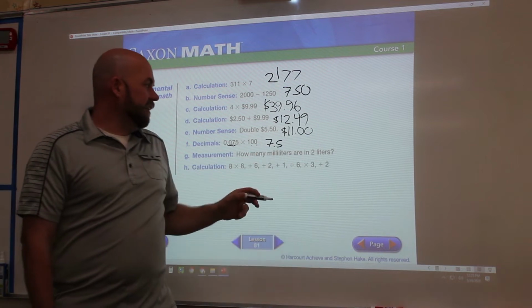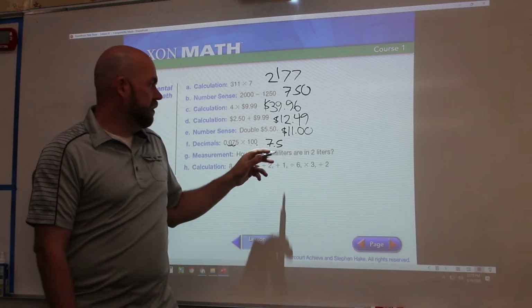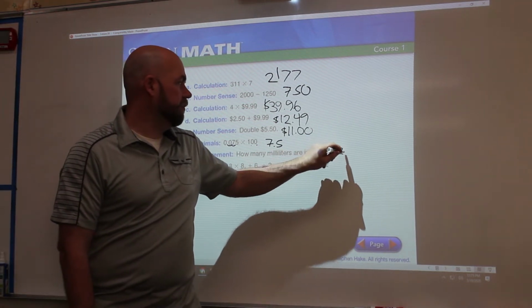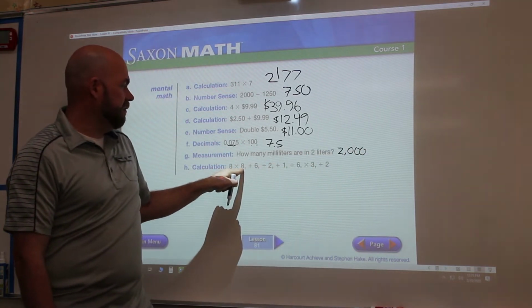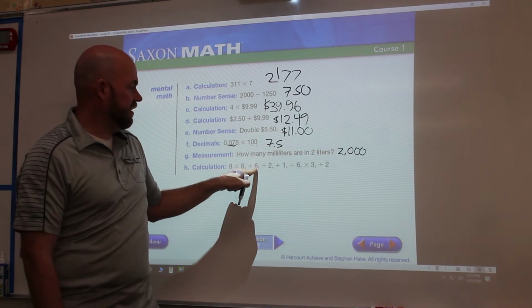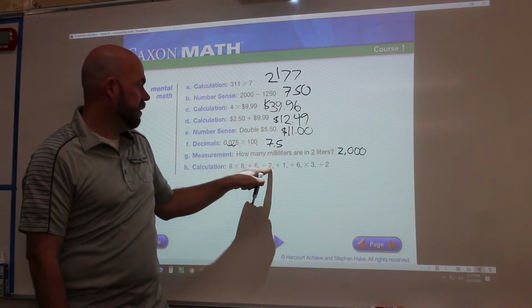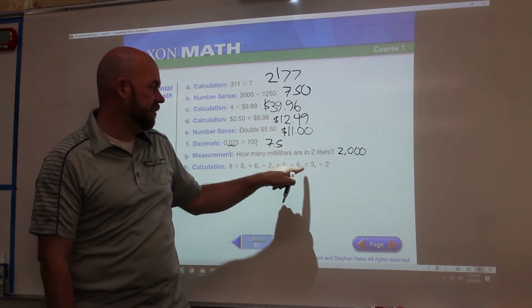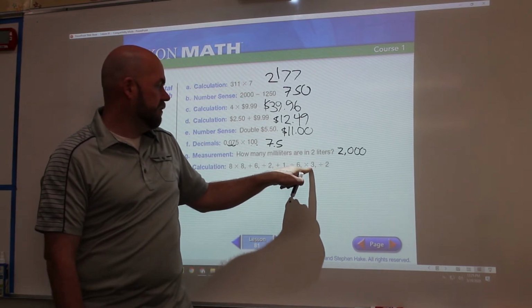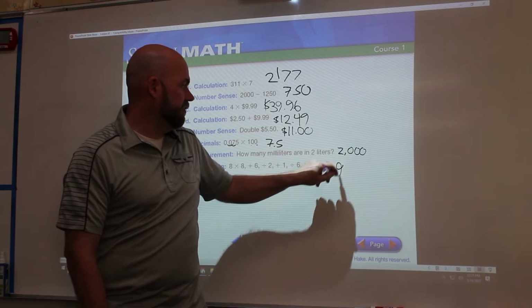How many milliliters, mil is 1,000, are in 2 liters, so that would be 2,000. Then we go 8 times 8 is 64, plus 6 is 70, divided by 2 is 35, plus 1 is 36, divided by 6 is 6, times 3 is 18, divided by 2 is 9.